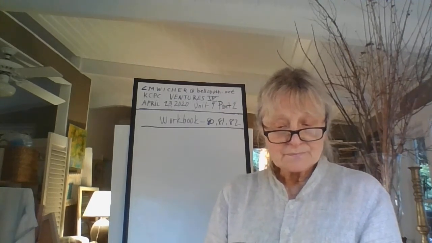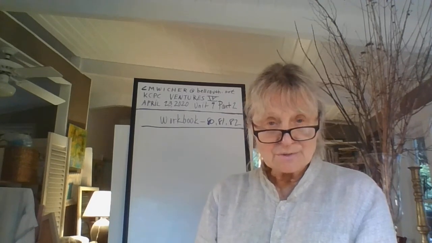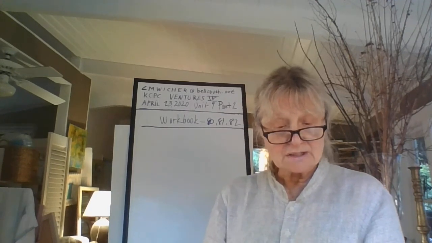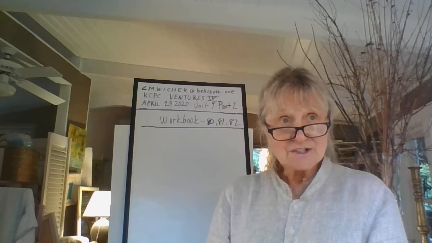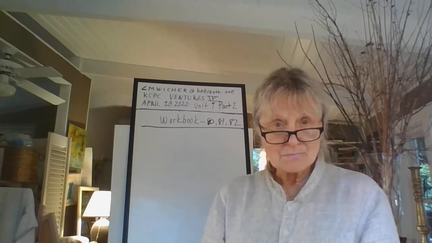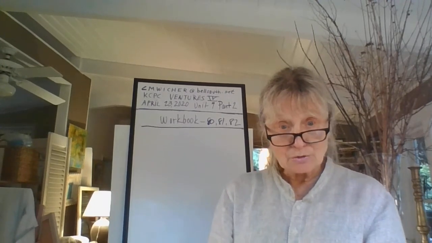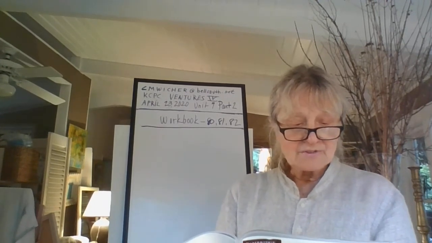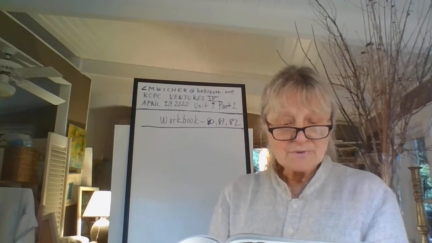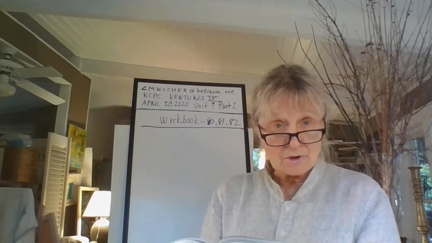Number 4, cameras which take good pictures are often expensive. What is the adjective clause? That's right, you're going to underline which take good pictures. Number 5, many people who buy a new cell phone don't know how to use it.